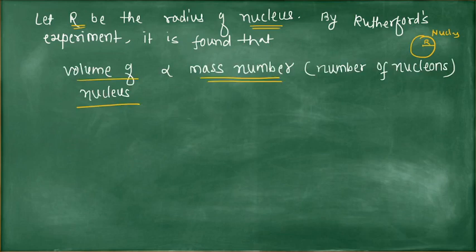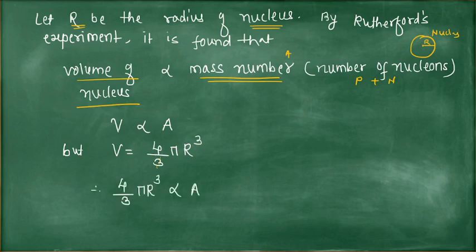Mass number means number of nucleons, that is number of protons plus number of neutrons. Mass number is A. Volume of nucleus is spherical, so volume is 4/3 pi r cube. Substituting in the above equation, 4/3 pi r cube is directly proportional to A.